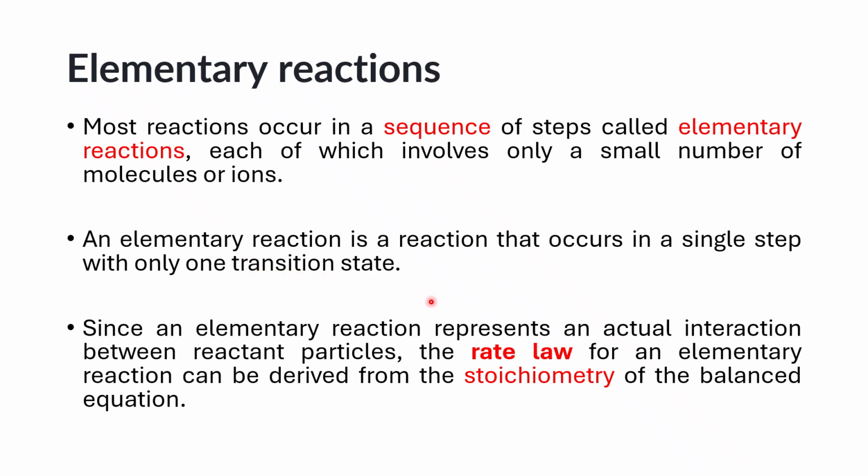The rate law for an elementary reaction can be derived from the coefficients of the reactants in the balanced equation, since an elementary reaction represents an actual interaction between reactant particles. You can only do this for a one-step reaction. You cannot do this for an overall reaction.